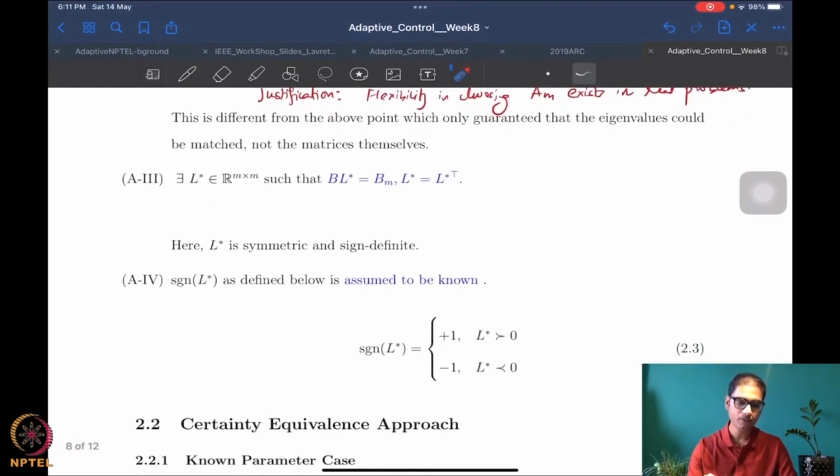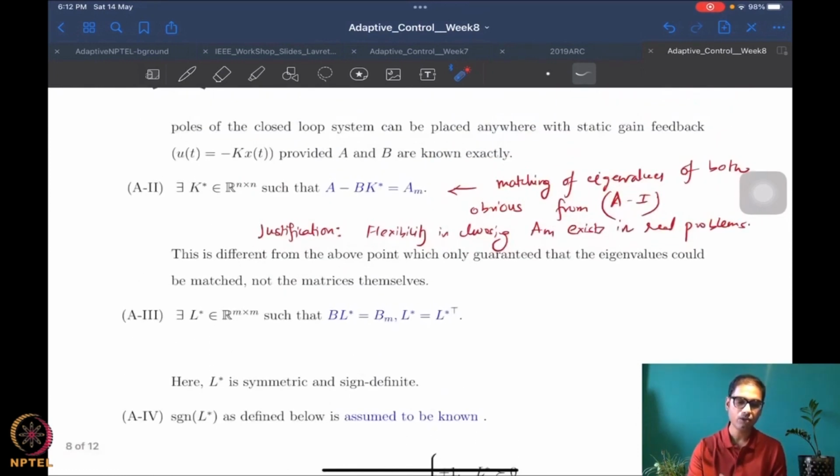So let's look at the next one, right? The next assumption A3 requires the existence of an L star such that BL star is equal to BM. Now again, remember that because I do not know A, I cannot have knowledge of K star. I hope that's evident.